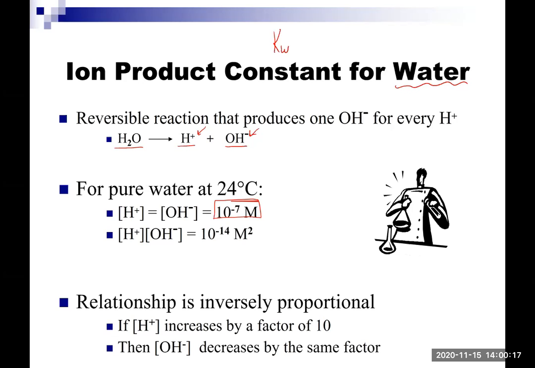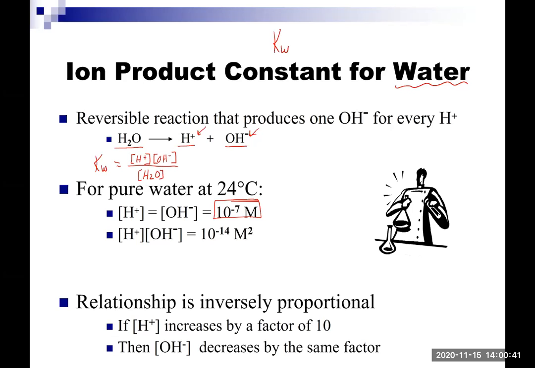Now let's think about this reaction and how we would put together an expression for Kw. We would have the concentration of the ions in the product, and that would be over the concentration of our initial starting material, which is water.